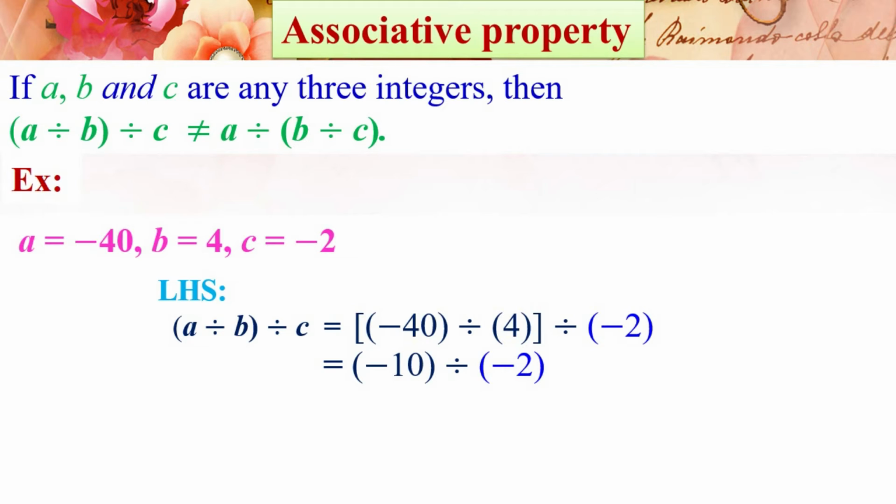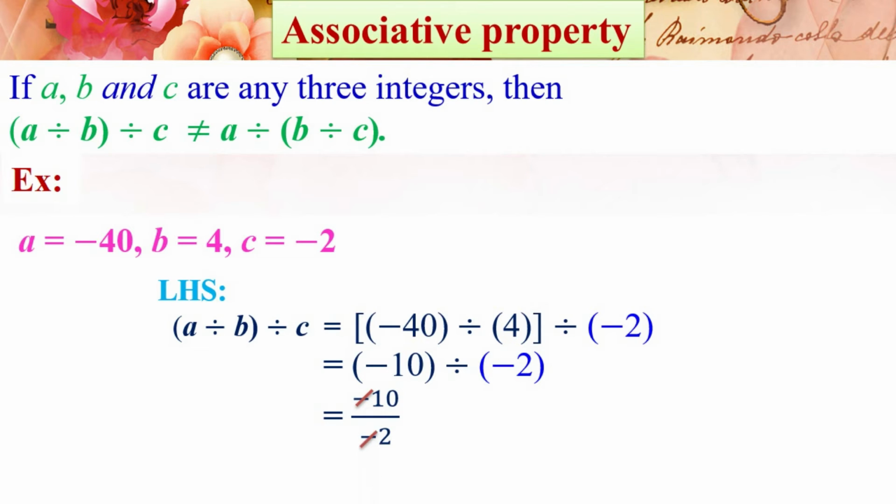When we divide a negative integer by a positive integer, we get a negative integer only. 40 divided by 4 is 10. We get minus 10 divided by the remaining minus 2. So the expression is minus 10 divided by minus 2.